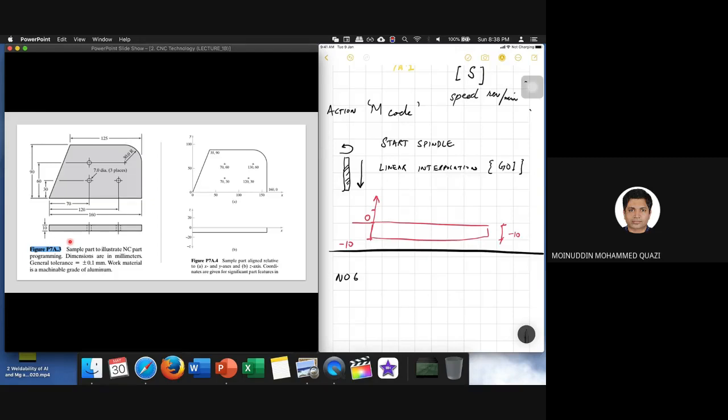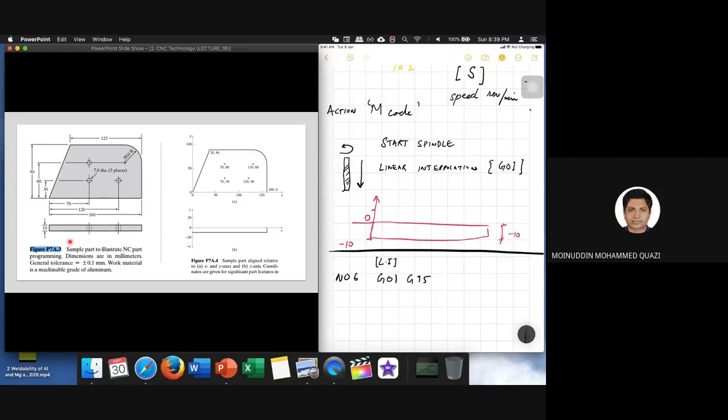So I will tell it to go down because the spindle is running already, with a feed rate of 0.05. So N06, G01 linear interpolation. We need to specify feed once again, G95.